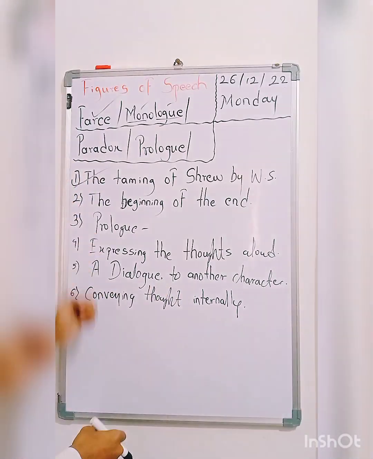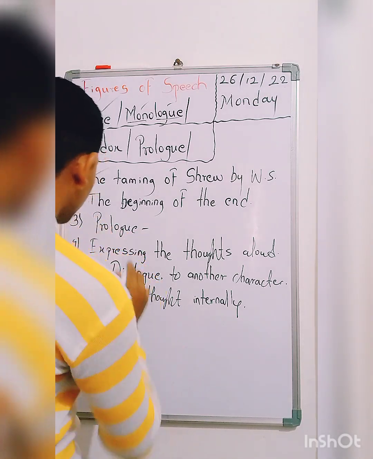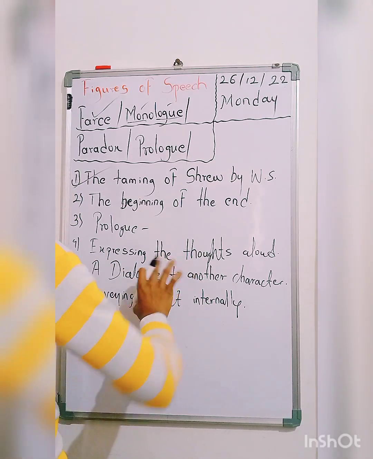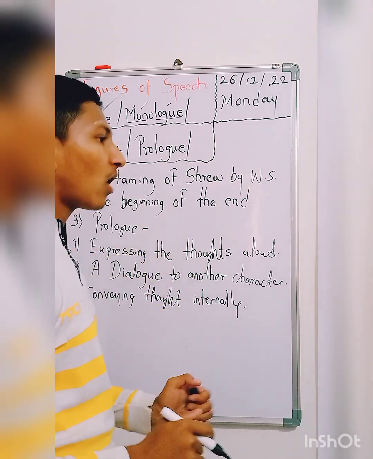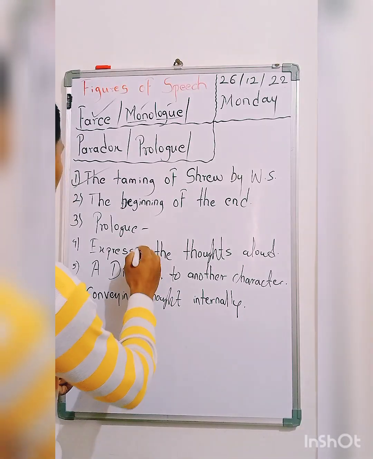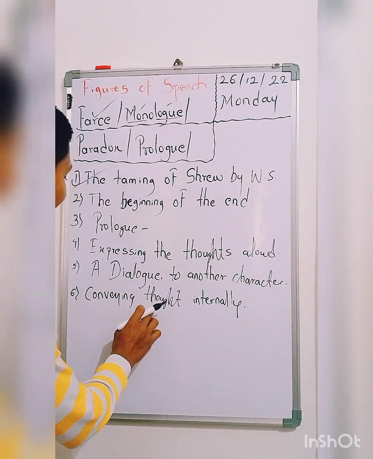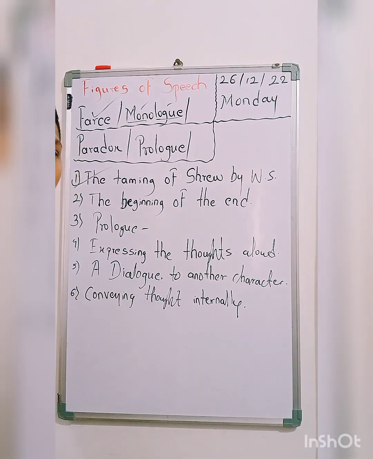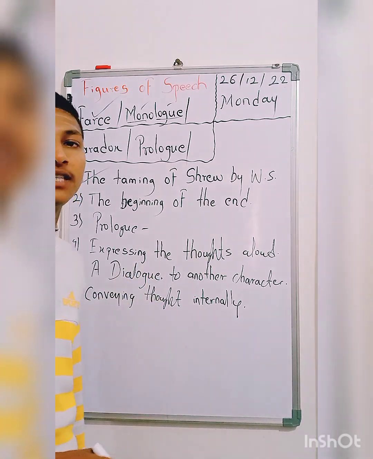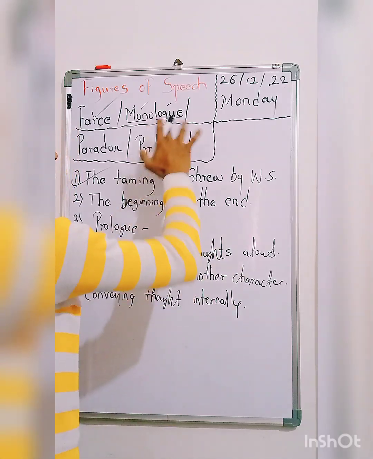Here I have given examples of the three individual subtypes: this is the soliloquy, this is the dramatic monologue, and this is the internal monologue. These are all subtypes of monologue.